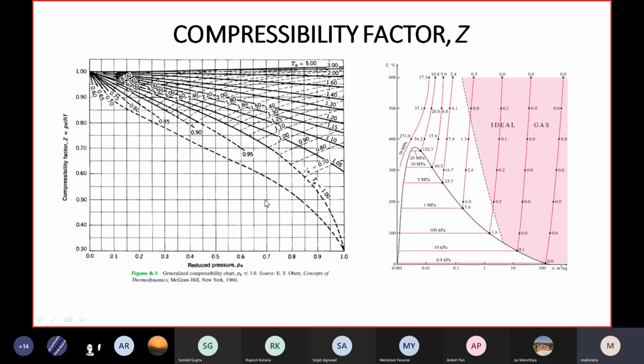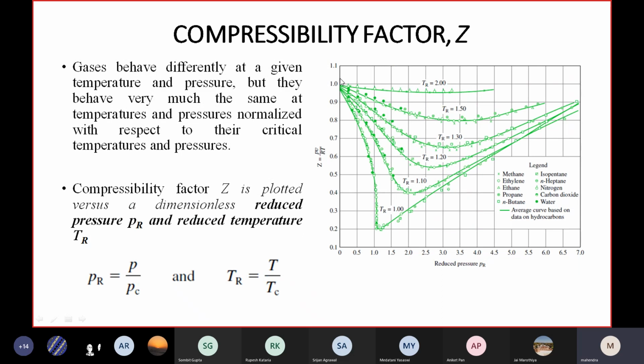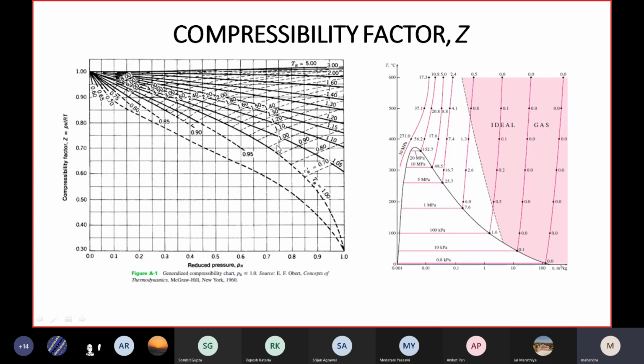This plot is a closer view of this, up to 1. This zone only we have taken, because we will be using it in one of our problems also. Up to 1, this is the reduced pressure PR, meaning P by P critical equal to 1. Suppose this is the steam.